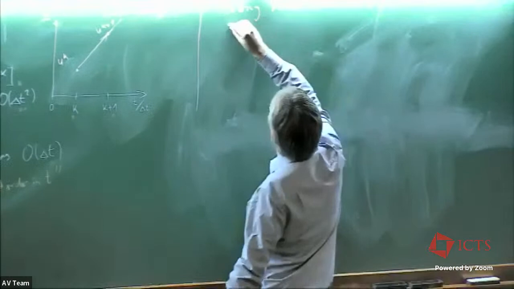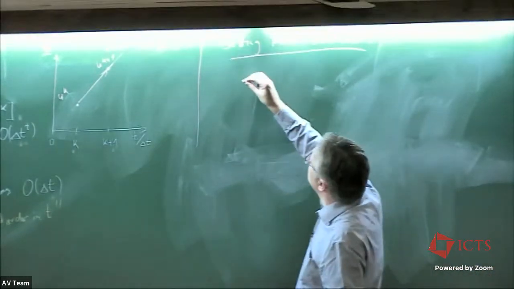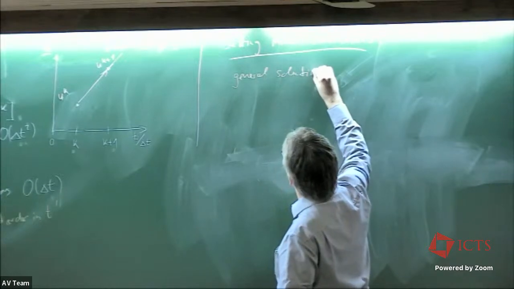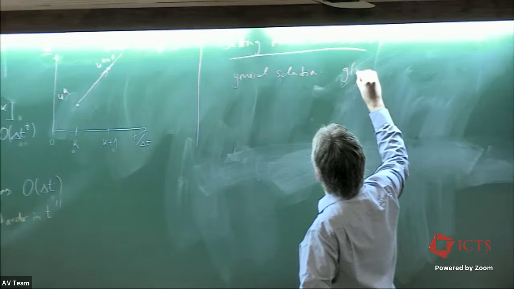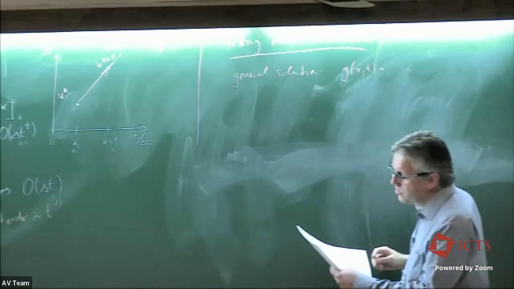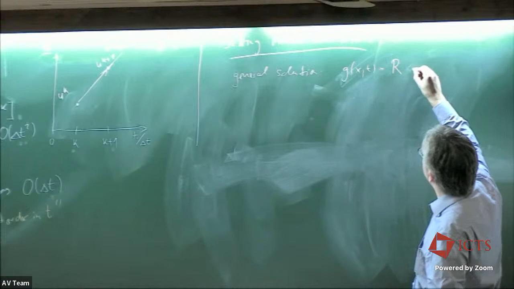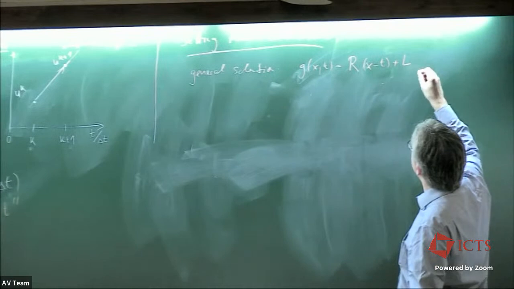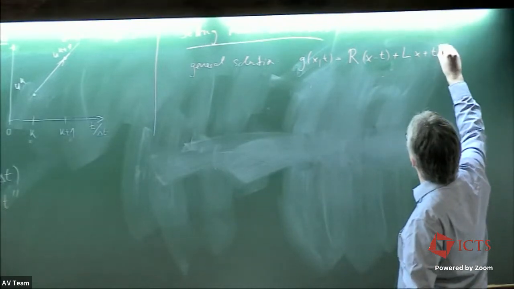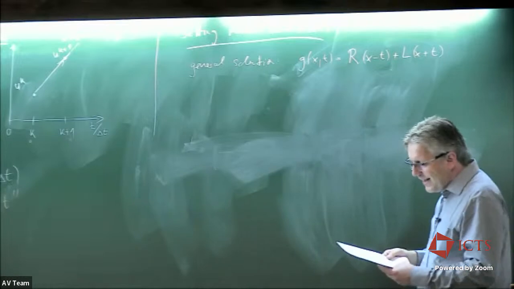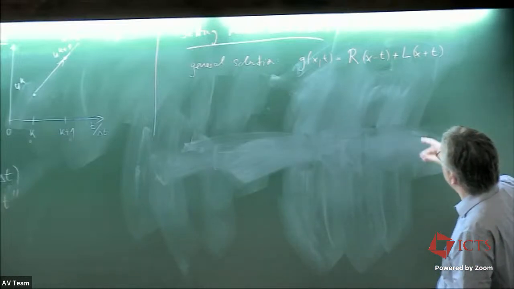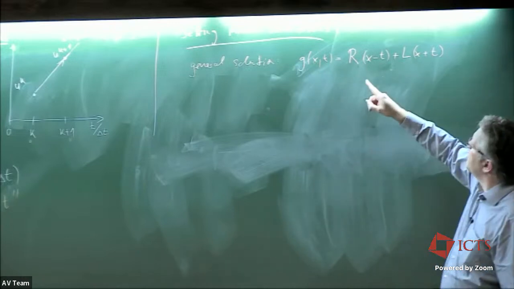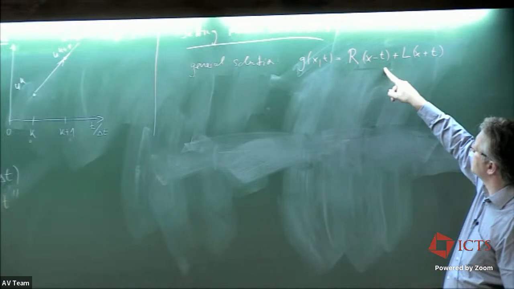So it turns out that the general solution has the form that g of x comma t is equal to one function of only one variable of x minus t plus a second function of variables x plus t. And these are arbitrary. I'm calling them R and L because this is a right moving pulse.